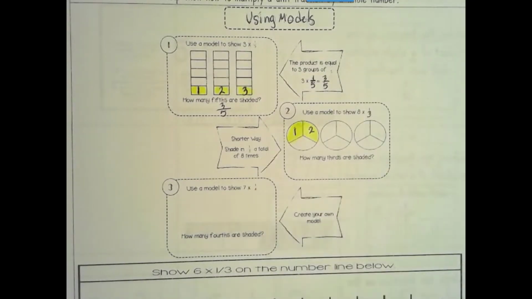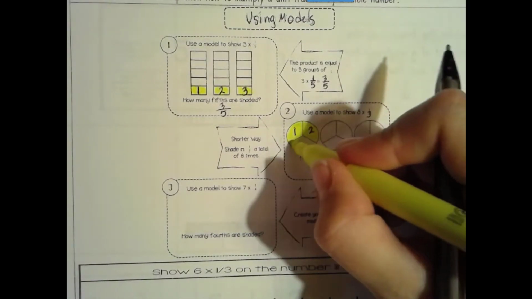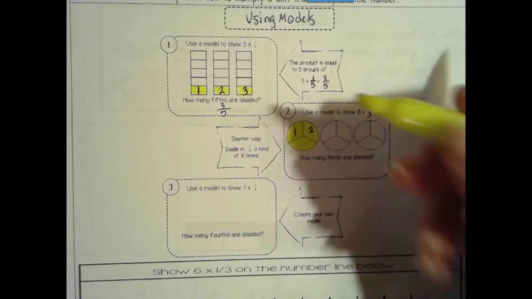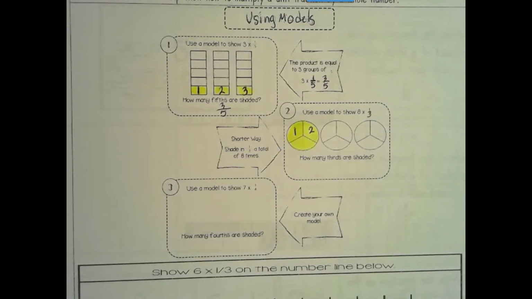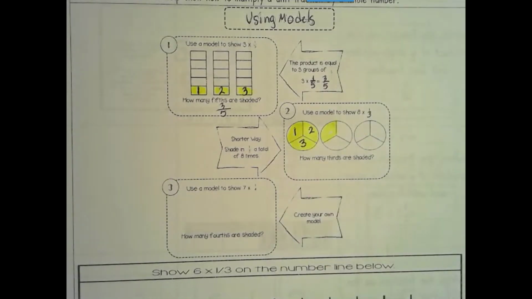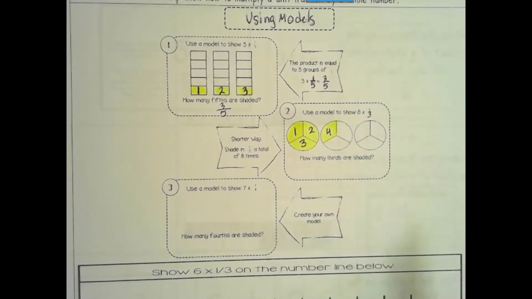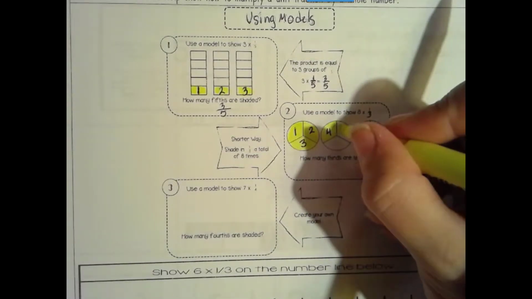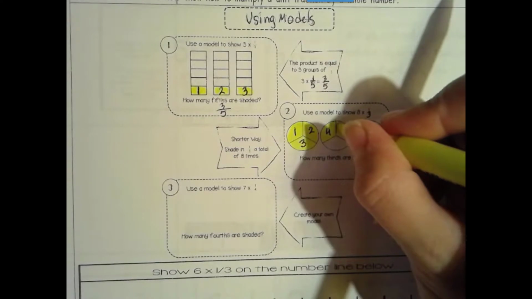So there's 2. Another 1/3 would be 3. Another 1/3 would be 4. And we're trying to get to 8 of them. Here's another 1/3.